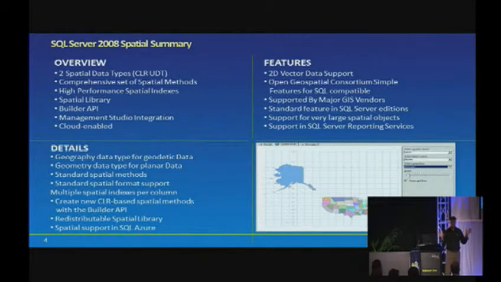This is my overview slide. Any of you not familiar with our approach and what we're doing, I advise you to take a look at this. The key takeaway here is two data types. One for flat earth, or anything that you can do in a planimetric fashion. For instance, the layout of a particular floor plan or show floor of the seats in this room. The other type is a true geotype.